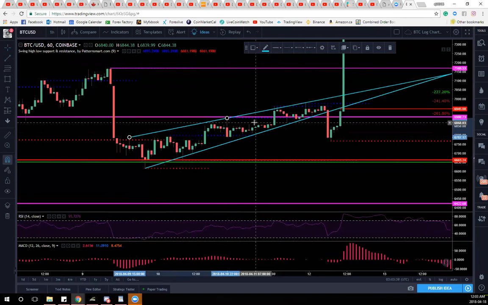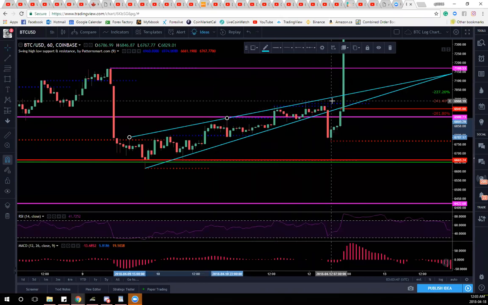It's also a bearish continuation pattern in this case, but it's a wedge. It's a wedge because you see how the lines tighten up near the end? That's a wedge.